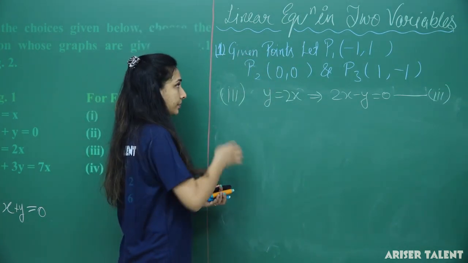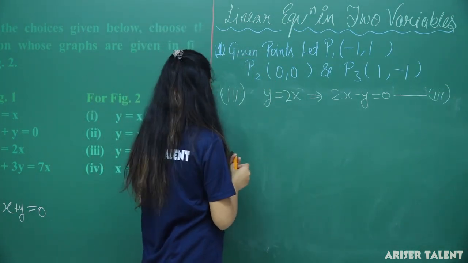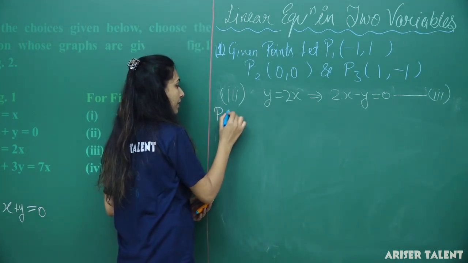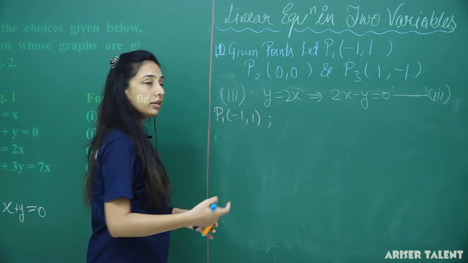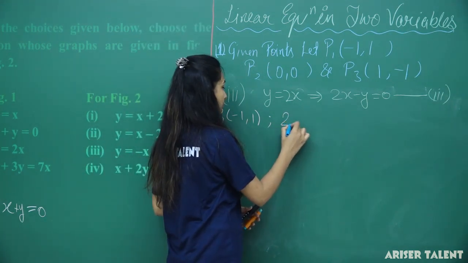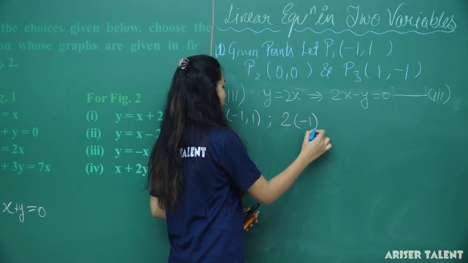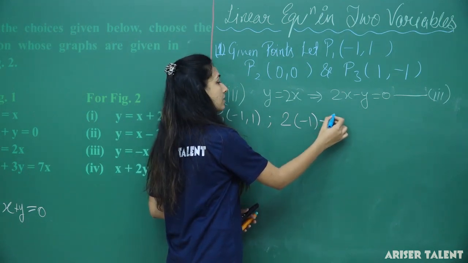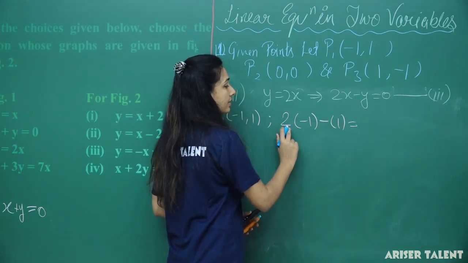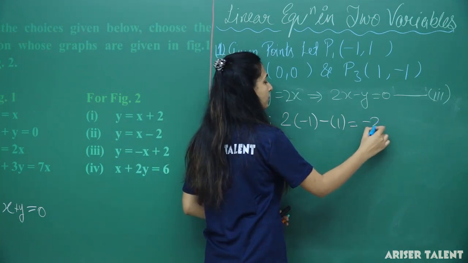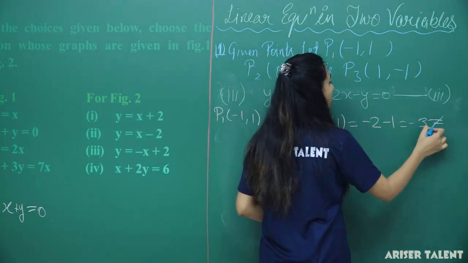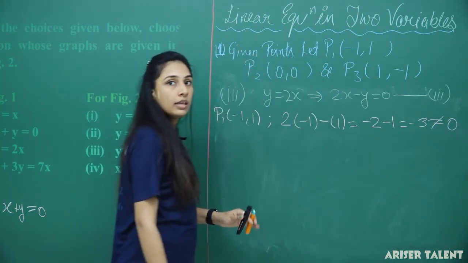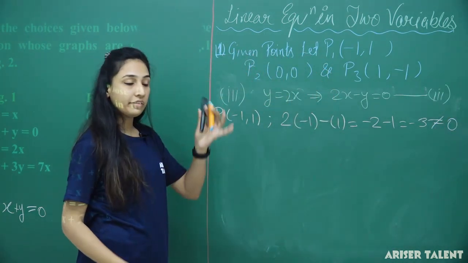Now again P1, minus 1 comma 1. Now you know how to check it. Just put the values: 2 multiplied by minus 1 minus y, and this is minus 2 minus 1, minus 3, which is not equals to 0. Simply denied, this is not the equation.